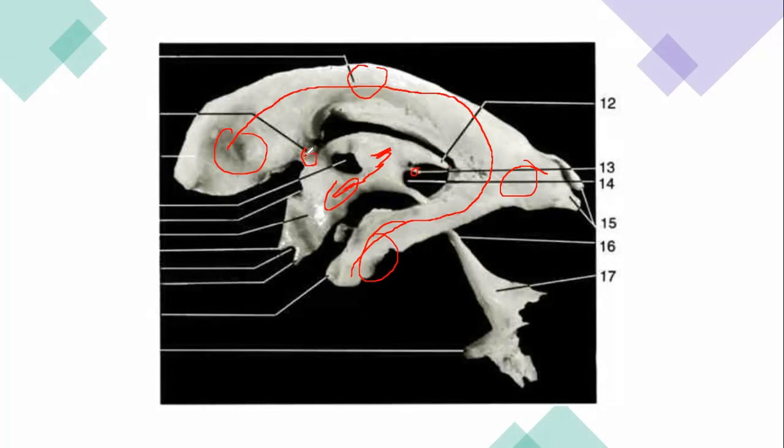This is the interventricular foramen of Monro. This is the site of the interthalamic adhesion. Then this is the cerebral aqueduct of Sylvius. This is the fourth ventricle, and this is one of the foramina of Luschka, and the foramen of Magendie will be somewhere here. So this is the ventricular system.